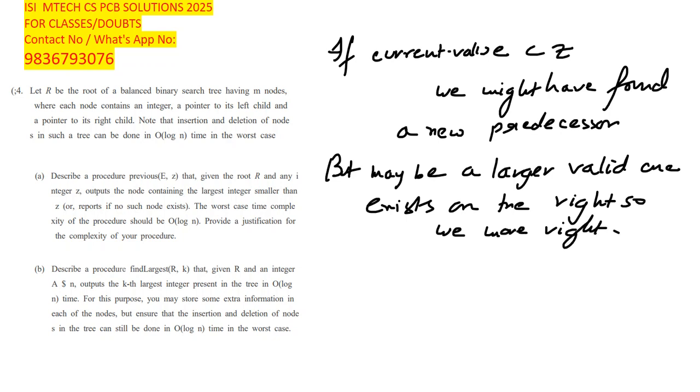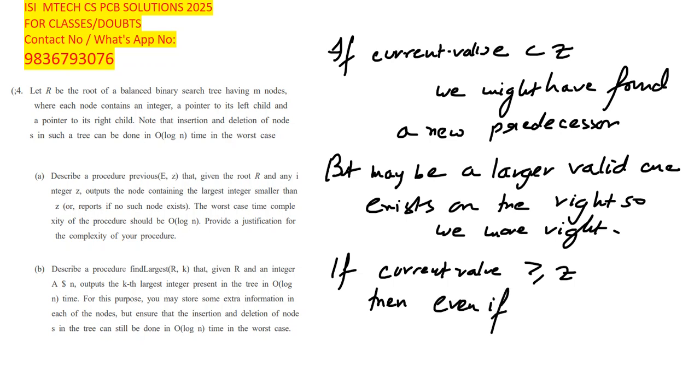Okay, now on the other hand, if current value is not less than z, then even if it is equal, we must go left to find smaller values.